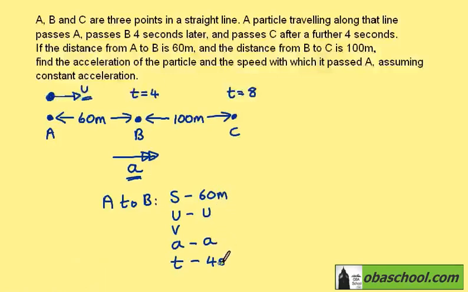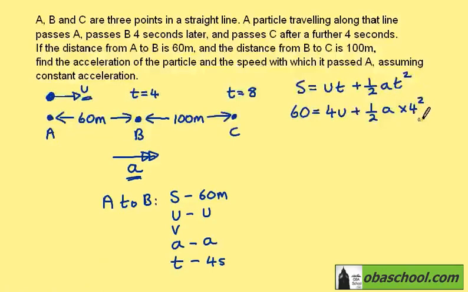S, u, a and t can be found in s equals ut plus a half at squared. Substituting in, we get 60 is equal to 4u plus a half times the acceleration times the time squared, so 4 squared.